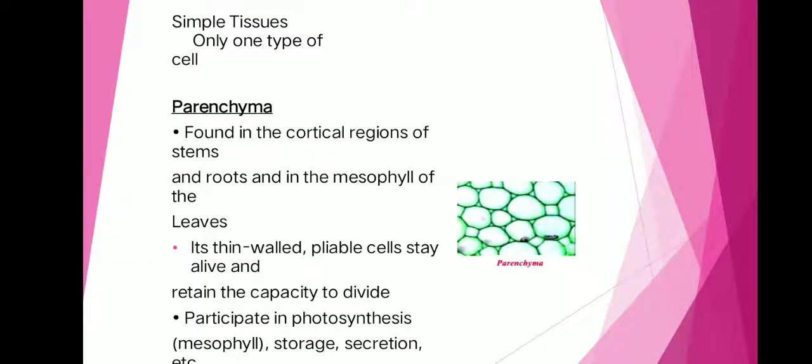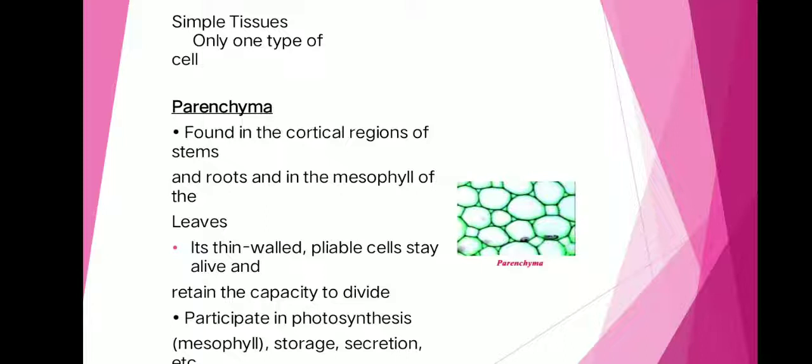Simple tissues have only one type of cell. There are three types of simple tissues: parenchyma, collenchyma, sclerenchyma. Parenchyma is found in the cortical regions of stems and roots and in the mesophyll of the leaves.